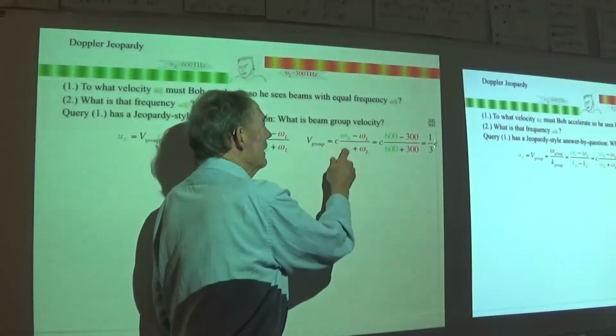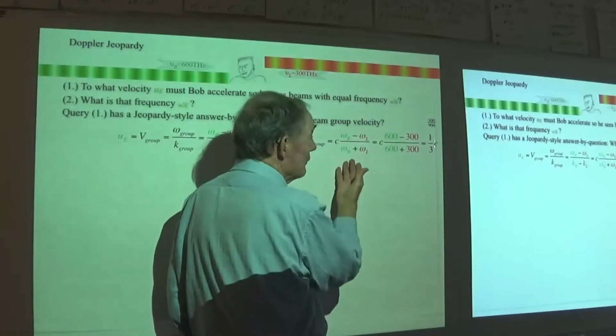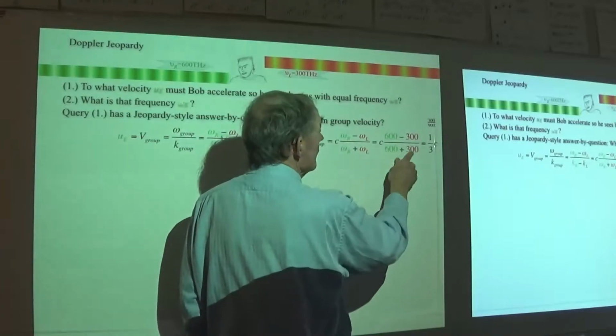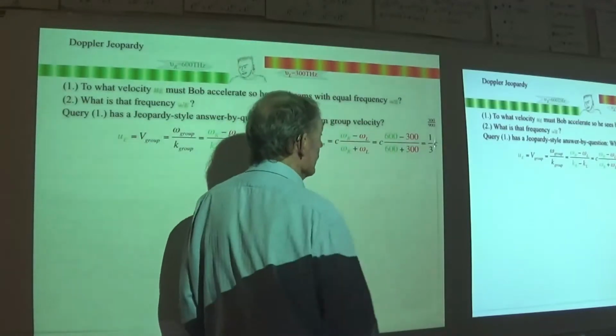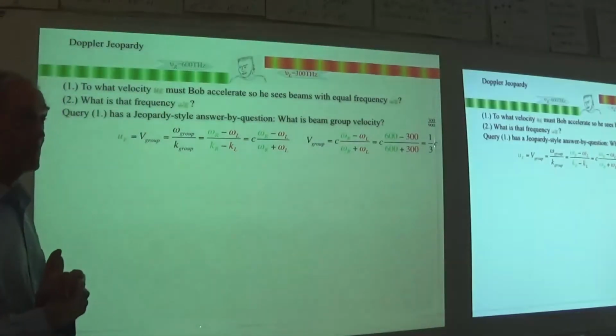Okay, but anyway, this is what we're dealing with here. I can take that 2 pi off of both of them and just get 600 minus 300 over 600 plus 300 in units of c. And so the answer is 1/3 c. That's what he's got to do.